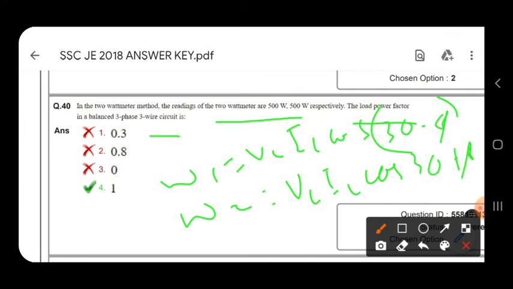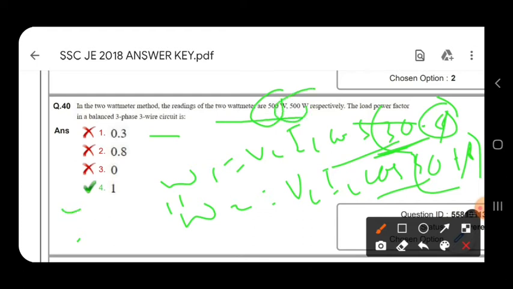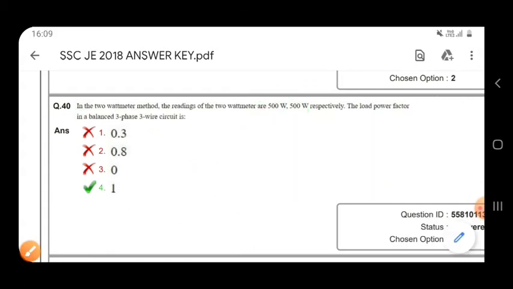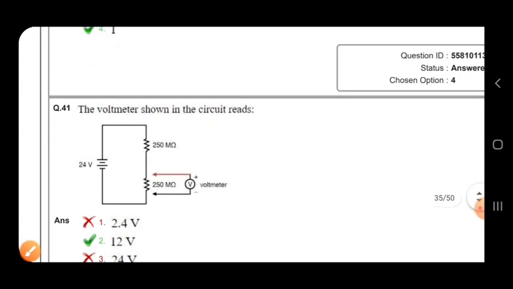In the case of unity power factor, cos 0 is 1, so phi is 0, and both values are cos 30, so W1 equals W2. Due to this, both are 500, that means W1 equals W2, and cos 0 is always 1. So this is due to the unity power factor.